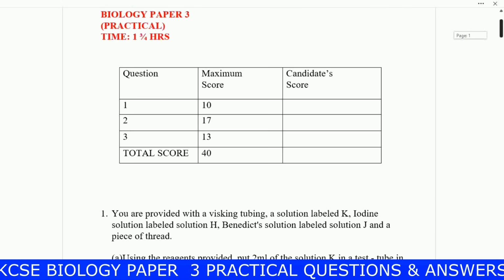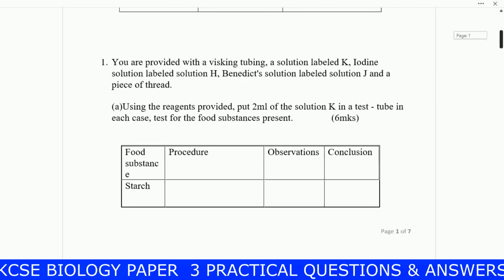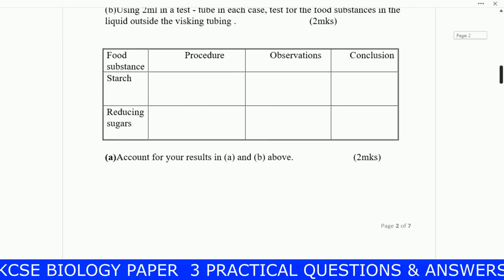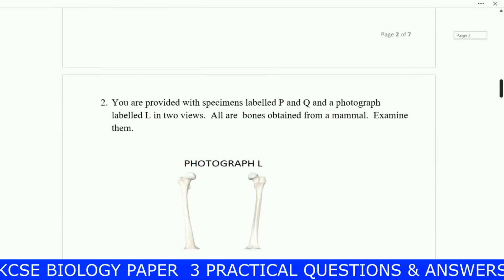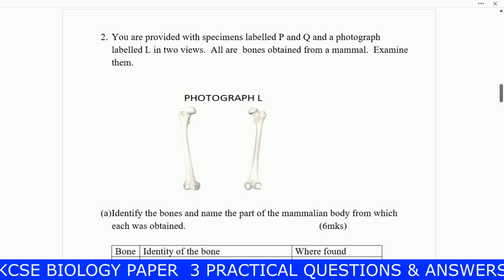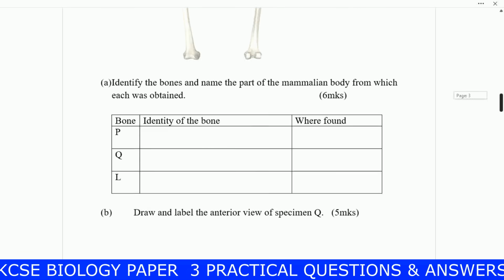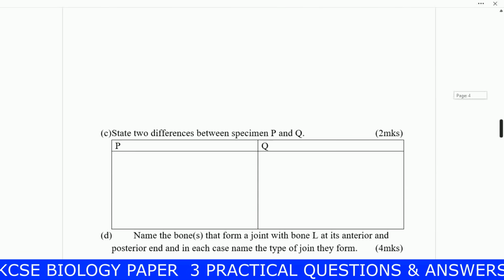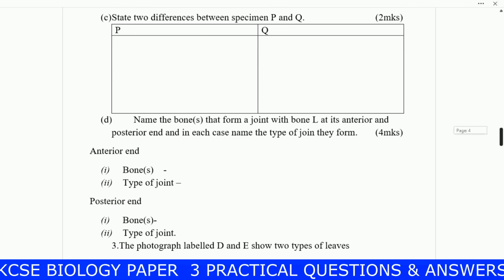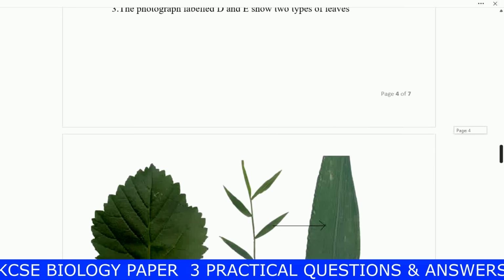These are the questions. You can see them. Question number 1, question number 2, and question number 3. This is how they come in KCSE. If you have never seen a biology practical paper, this is how it appears.